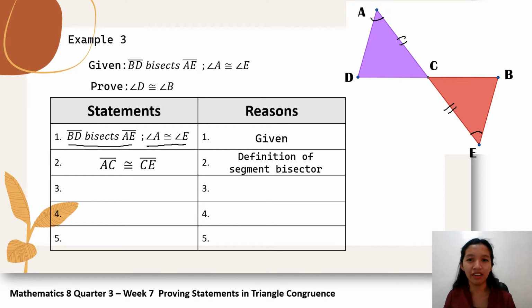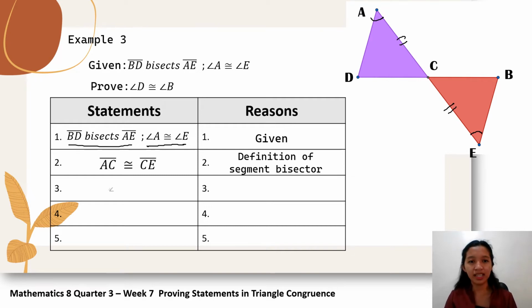So as you can see here on our figure, there is a vertical angle, right? So when we say vertical angles, these are angle ACD and angle ACB.